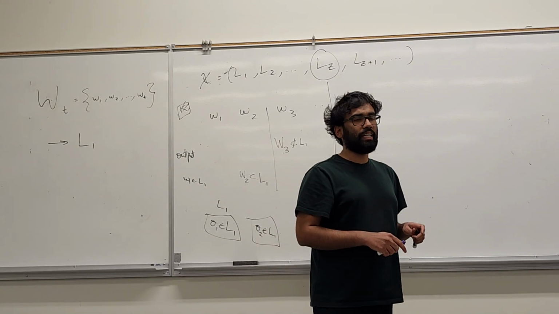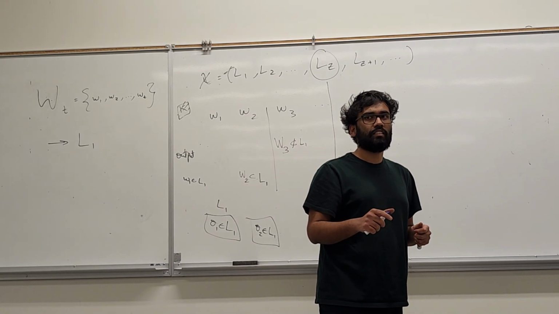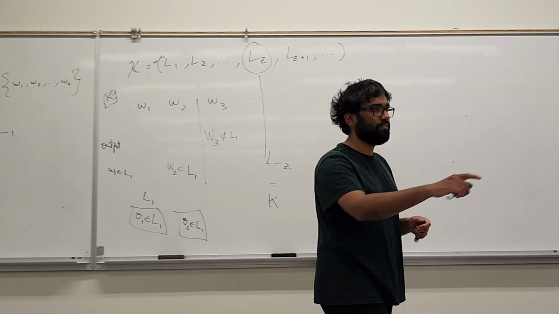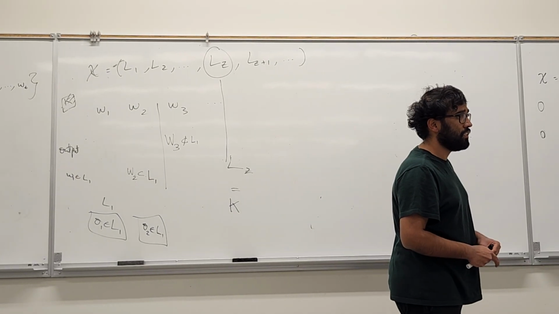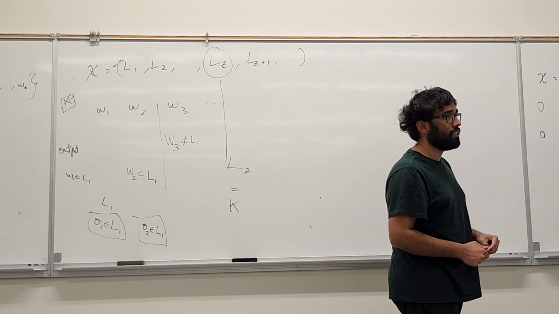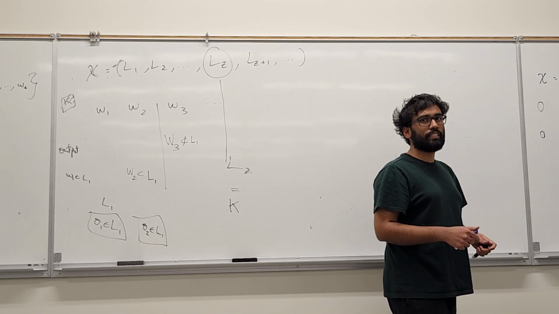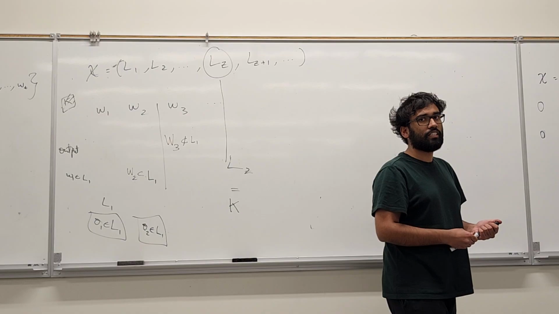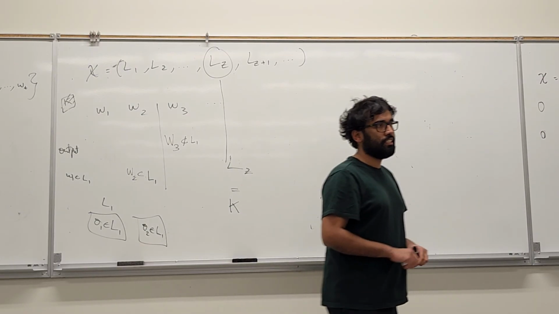I'll draw my nice diagram and then you can tell me if this is exactly what you're thinking. I believe you are. I have an idea. There could be the case that LZ minus 1 contains all the elements from LZ. I think this is what Vlad was mentioning. Yeah, you can just take the ordering of the previous example.